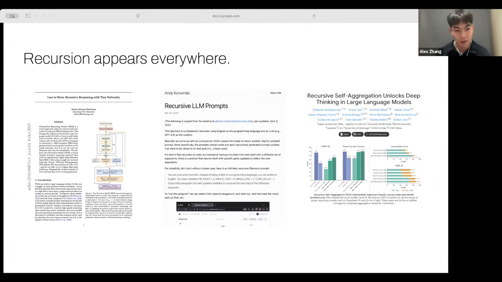But I do think recursion is kind of a theme that is popping up now because we're reaching this kind of regime where a lot of the ideas revolving around single model calls, or using a model as a function or something, have a lot of limitations, and we might want to think about how we act on a higher abstraction here.